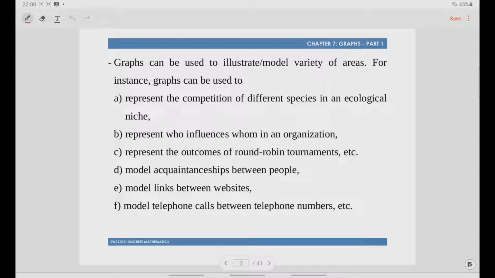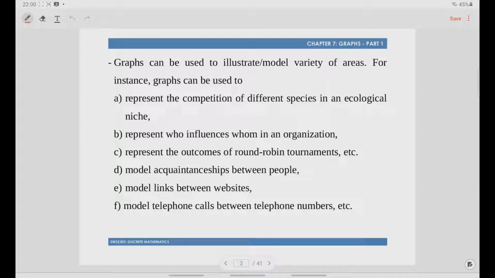Graphs also can be used to represent the outcomes of round robin tournaments, etc. Other than representing something, graphs also can be used to model. For example, model acquaintanceship between people, model links between websites, and model telephone calls between telephone numbers, etc. So there are a lot of applications of graphs in real life.